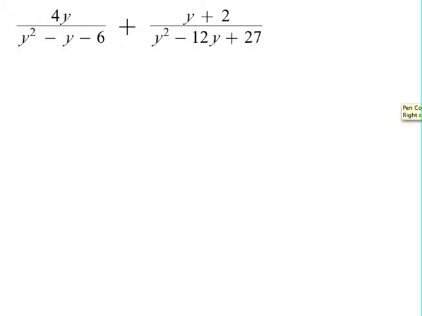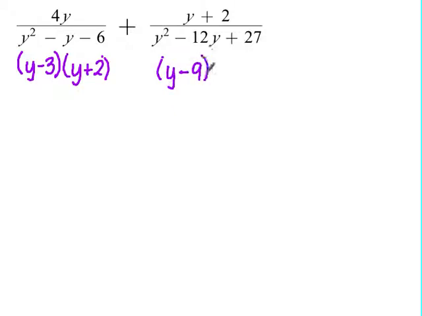Factor. What does the bottom factor to be? y minus 3, y plus 2. Good. What does this one factor to be? y minus 9, y minus 3. So what is my LCM going to be? y minus 3, y plus 2, and then y minus 9. Good.